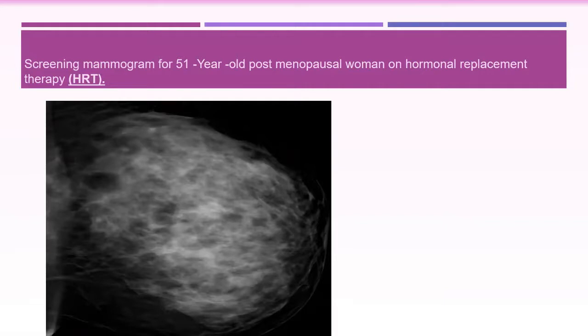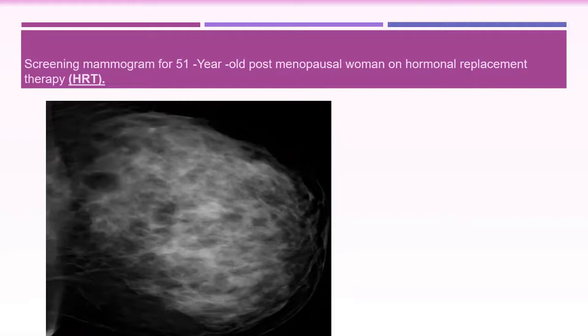Other differentials include sclerosing adenosis, or papilloma also. Yes, rare, sclerosing papilloma can be one of the differential diagnoses, but more than that, radial scar.